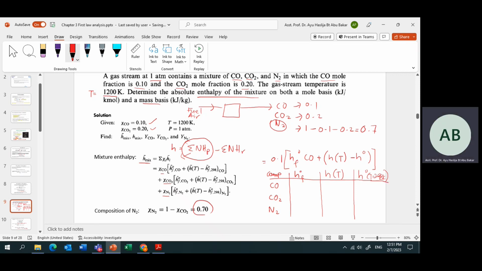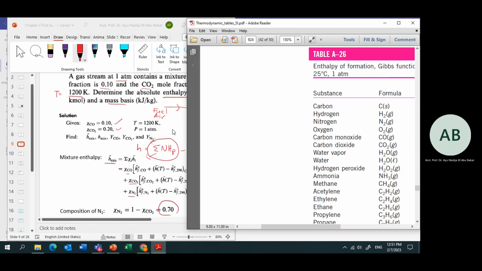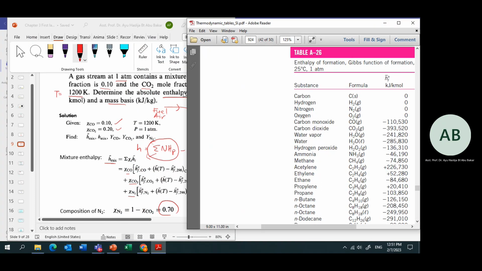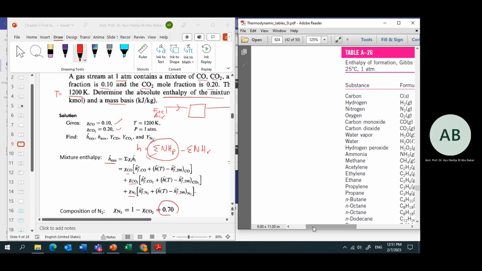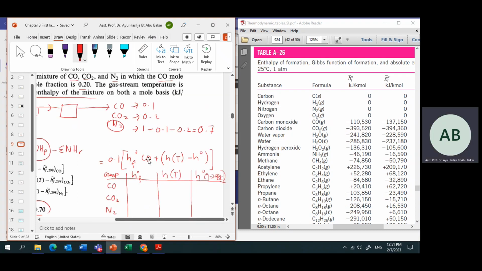Okay, now we check the table. I open side by side. Which table to refer? For heat of formation, table A26. Heat of formation is always at table A26.